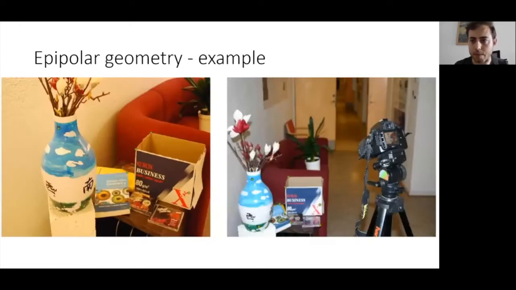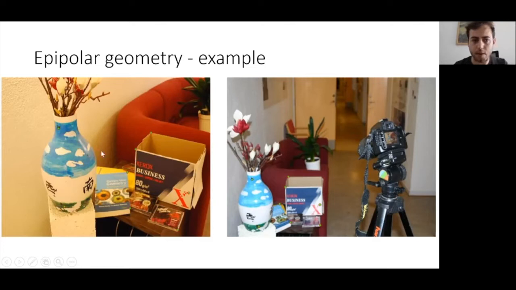Let's see a real example for epipolar lines. So here we see two images, image 1 and image 2. And in image 2, we see also camera 1. This camera captured image 1 on the left.